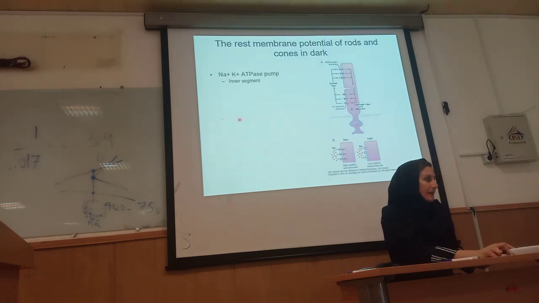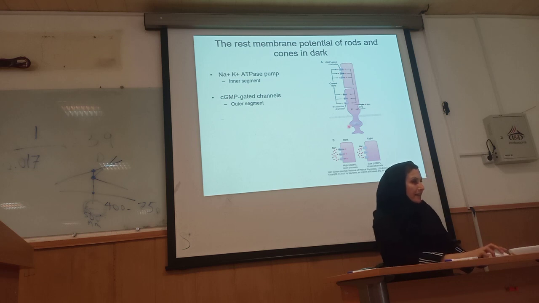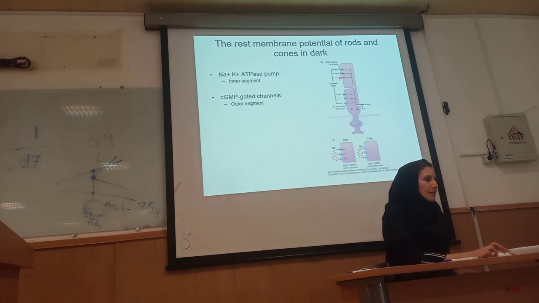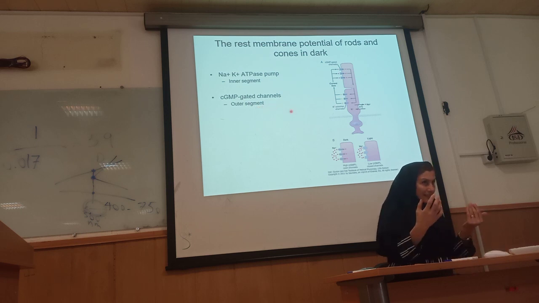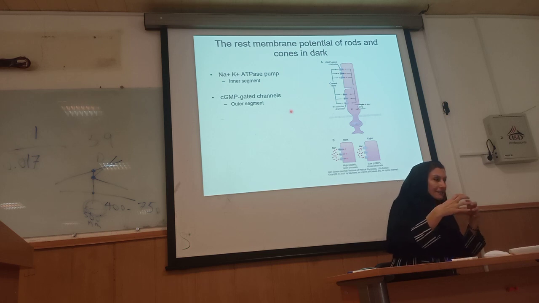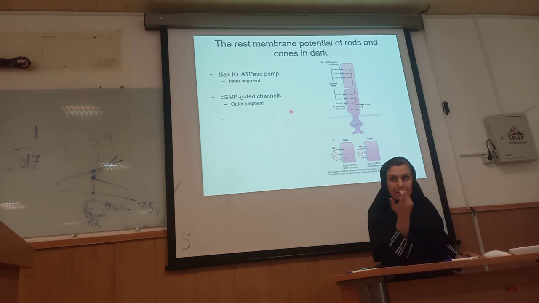So, when sodium reaches this part, the outer segment of each photoreceptor, there are some channels. What are they? Cyclic GMP-gated channels. Here there is a channel dependent on a nucleotide. This is a kind of nucleotide. This is not electrical.